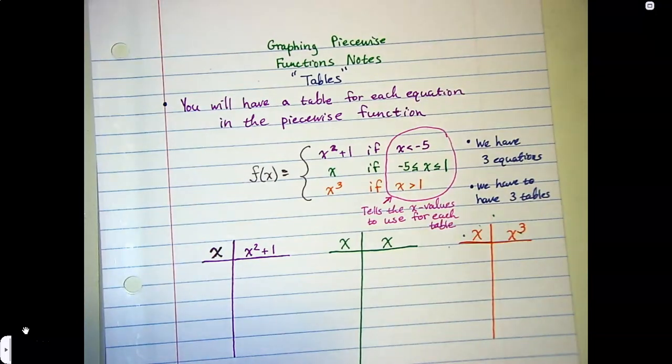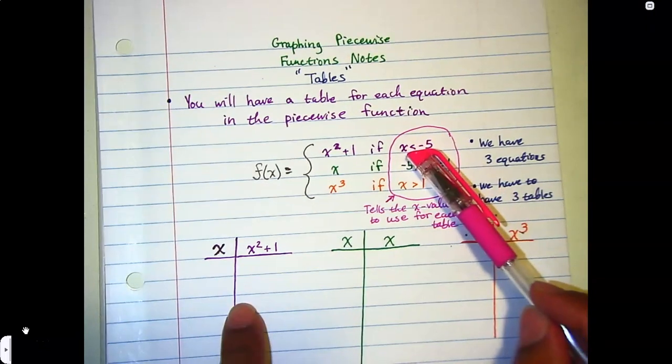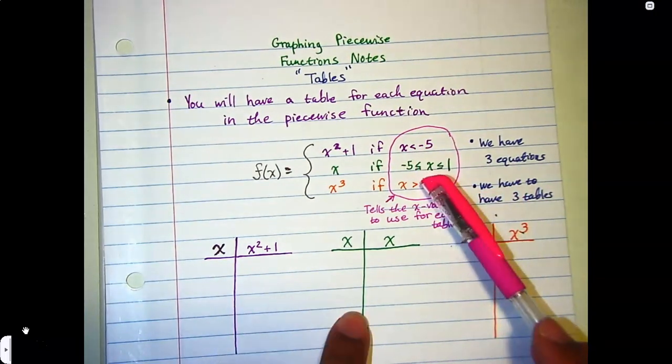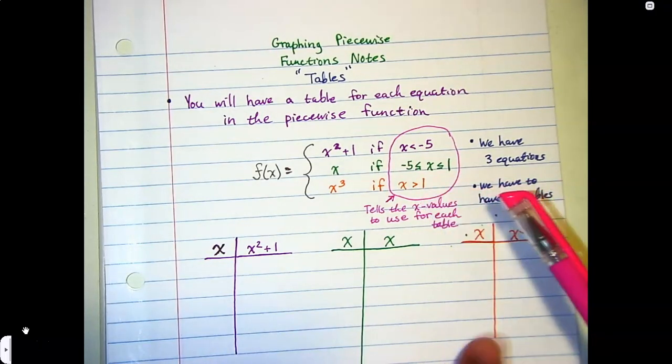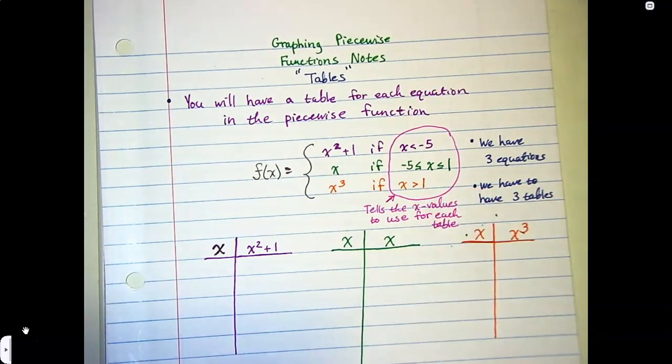So for each table, these numbers right here are going to tell you, but it's color coordinated. So the purple one, the first one, goes with the first table. The green one goes with the second table. The orange one goes with the third table.